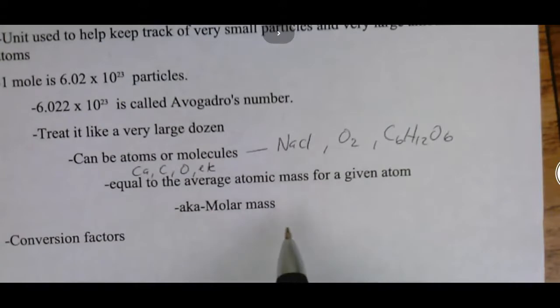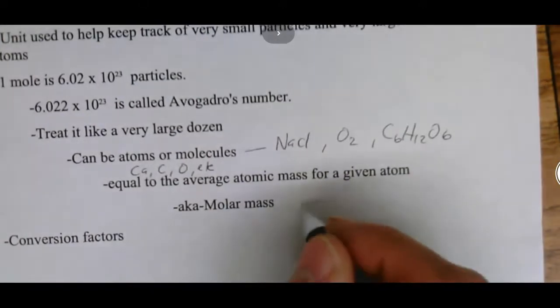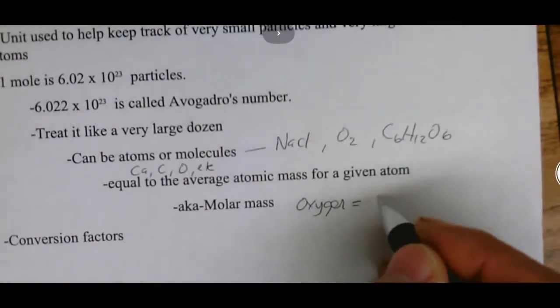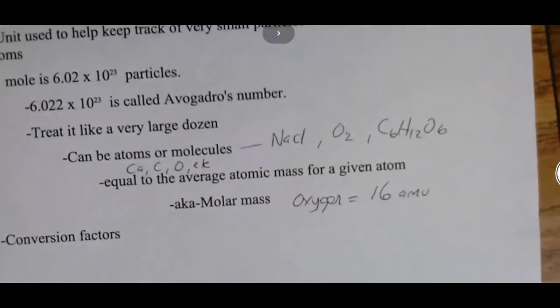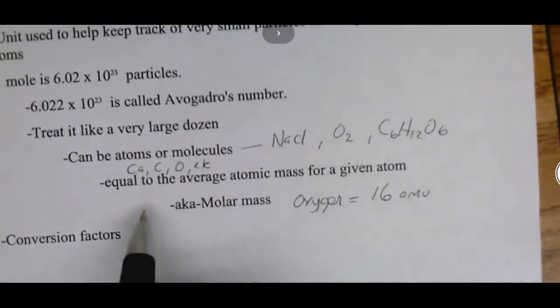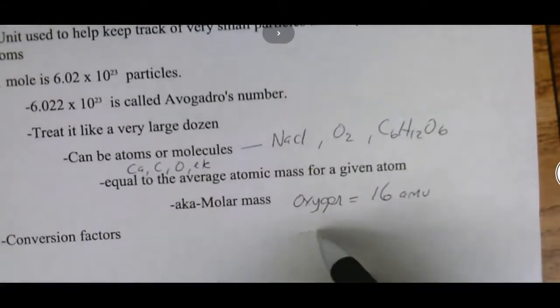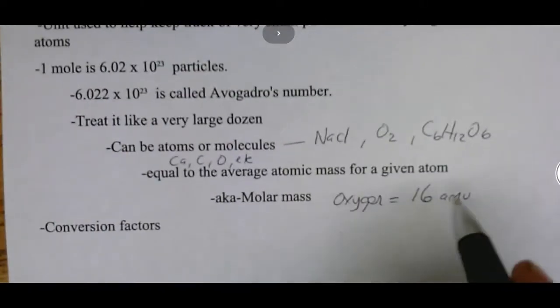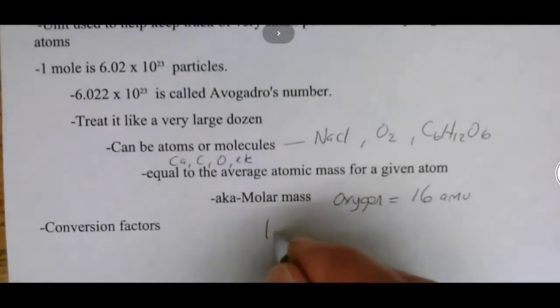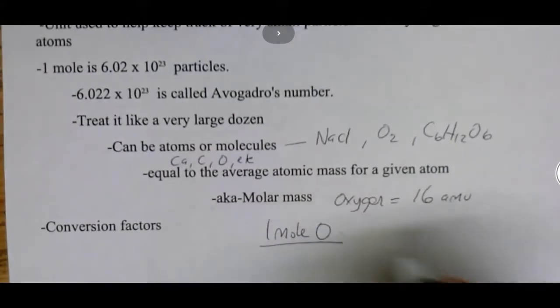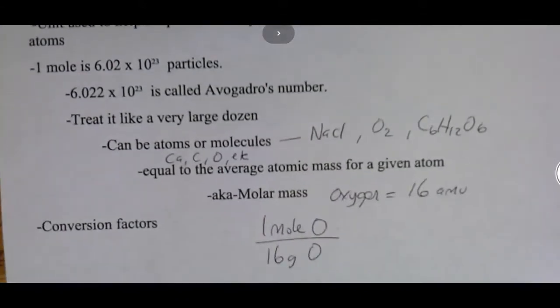So if we thought of oxygen, and we just rounded it up, we'd say the average atomic mass of oxygen is 16 AMU. So because the average atomic mass is equal to the mole, we could make ourselves a conversion factor. I'm sorry, let me get the paper straight. We could say 1 mole of oxygen is equal to 16 grams of oxygen, like that.